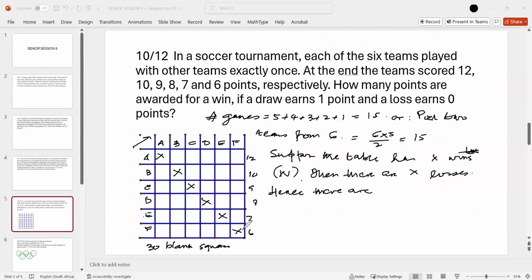And all 30 of them are actually filled with either W, L, or D. Right? Now we've already got X W's and we got X L's, so that makes 2X. Altogether, you got 30. So there are 30 minus 2X draws.